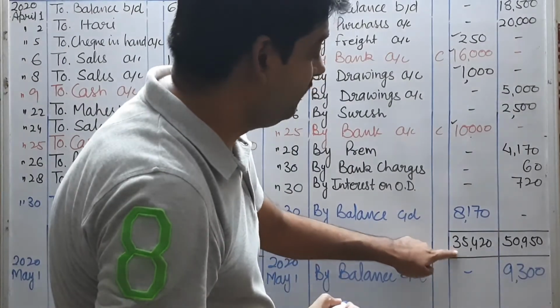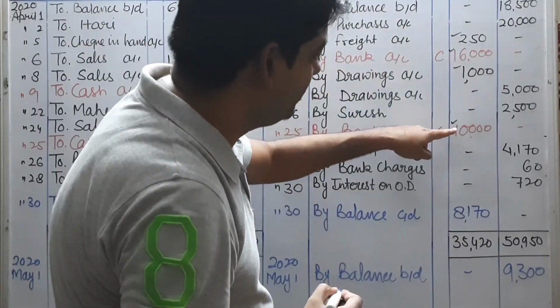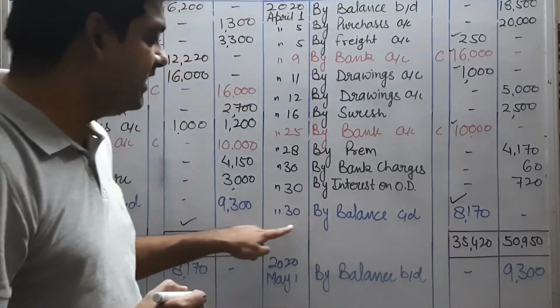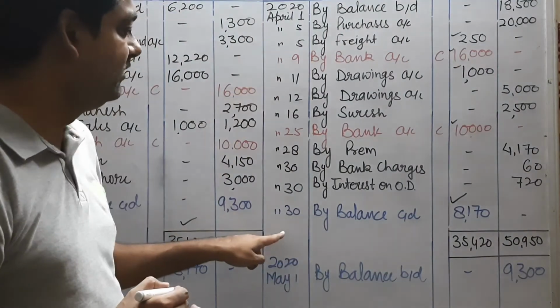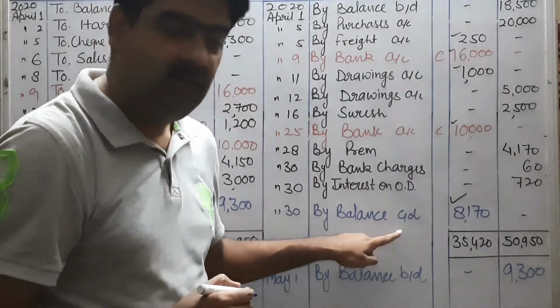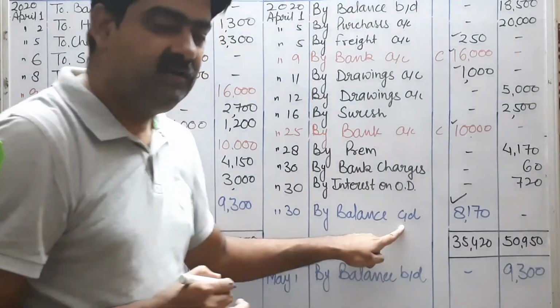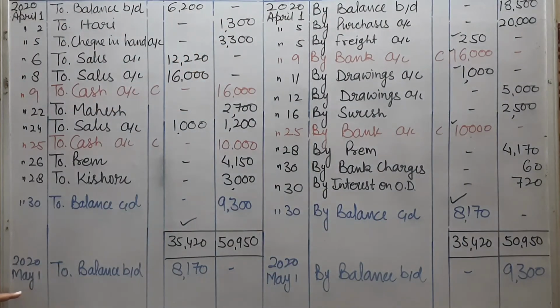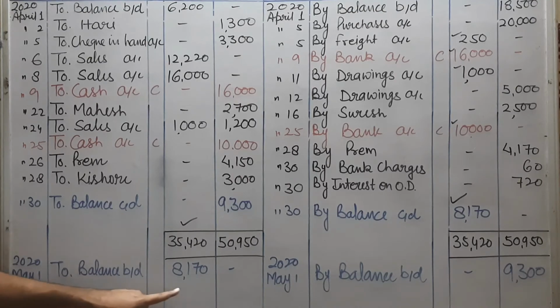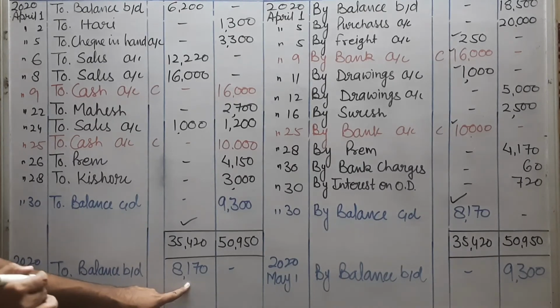So our balance will come 8,170 and it will be treated as closing balance as on April 30 by balance carried down, and the same balance will be transferred to next month, that is on May 1, and it will be treated as opening balance as on May 1, 2020. So I will write to balance brought down 8,170.